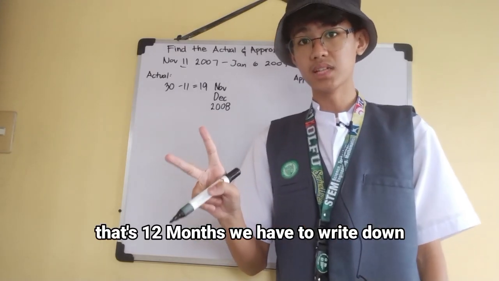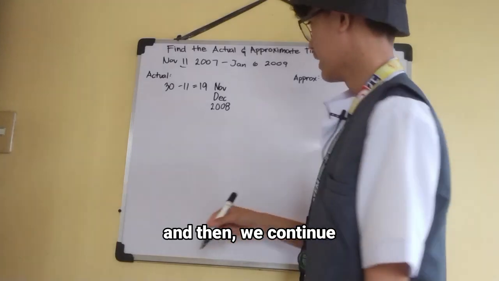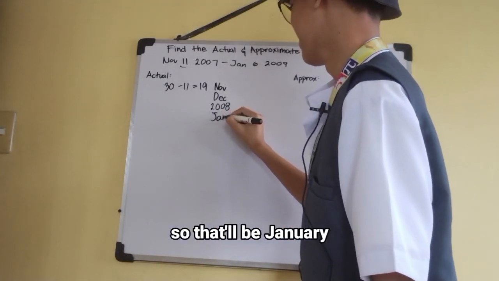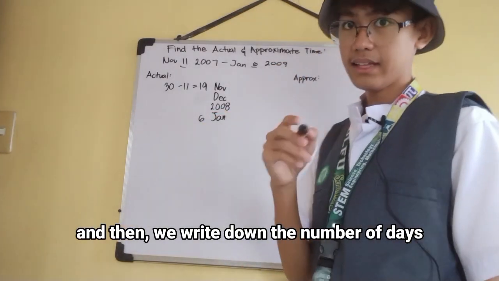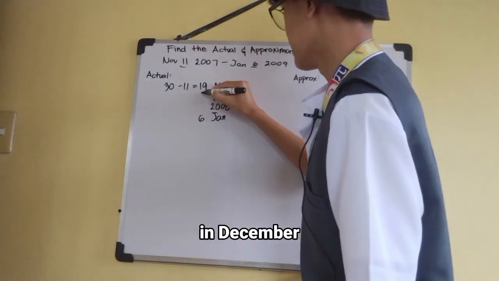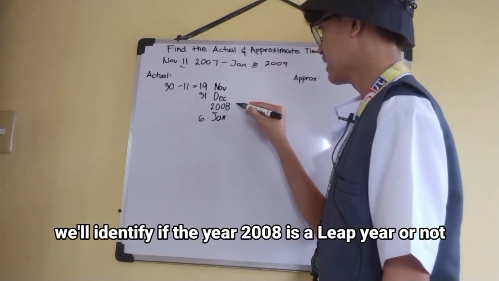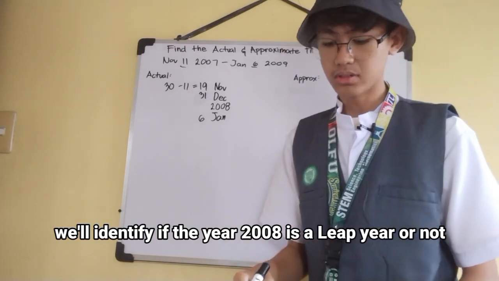That's 12 months that we would have to write down. That'll take a lot of time. Then we continue with January, and we write down the 6 over here. Then we write the number of days in December, so that's 31.